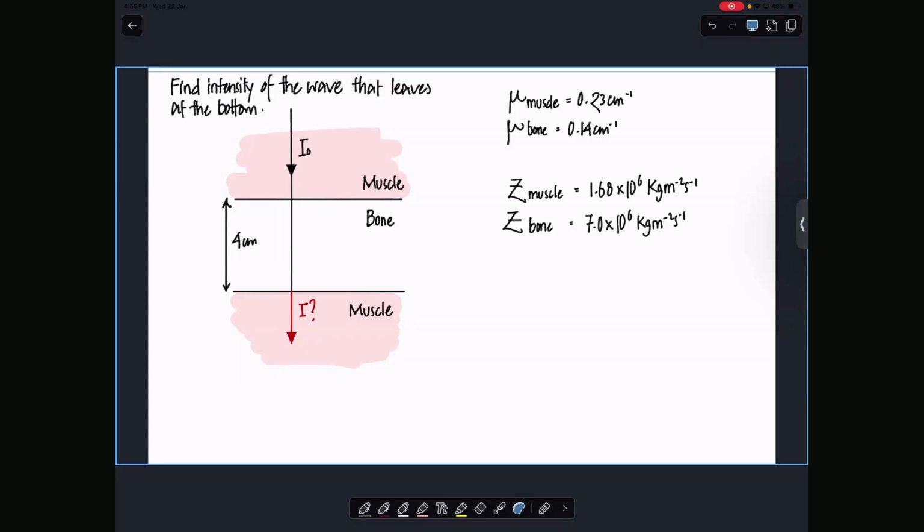Excuse me, 0.309 I naught. Point 356. By the way, the alpha for muscle to bone and the alpha for bone to muscle, is it same or different? Same. কারণ Z1 minus Z2 আর Z2 minus Z1 ম্যাথ যদি করো same value দেয়। So you know the boundary coefficient is same, muscle to bone, bone to muscle.